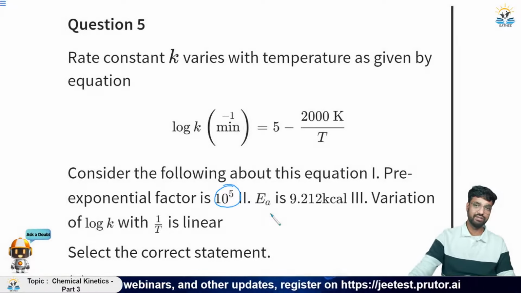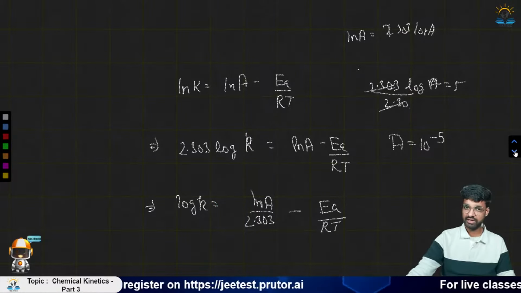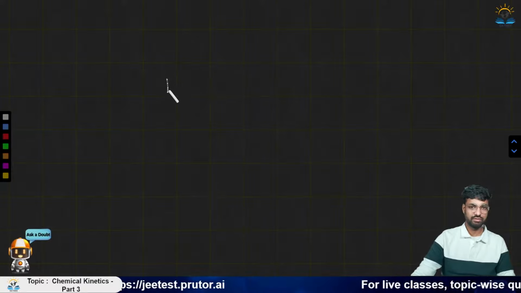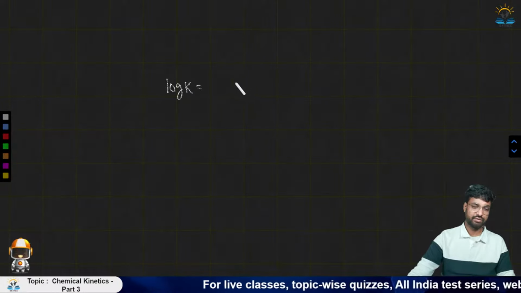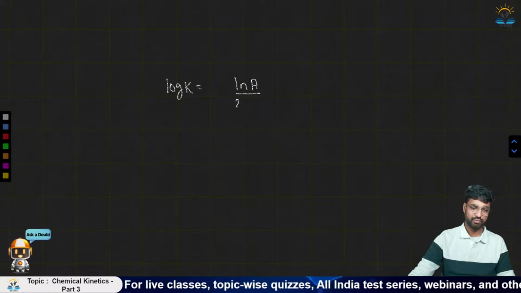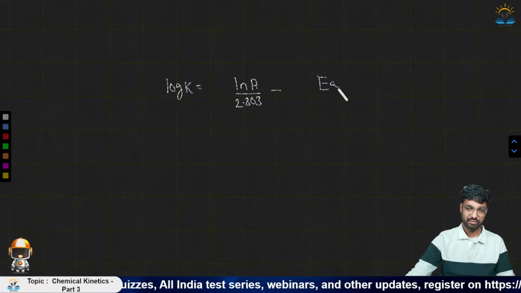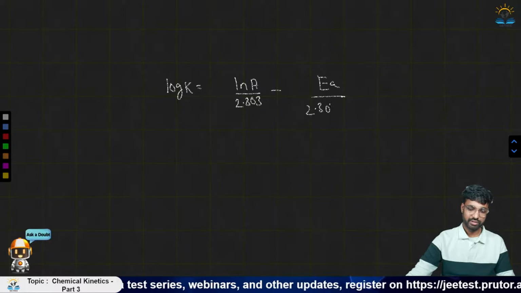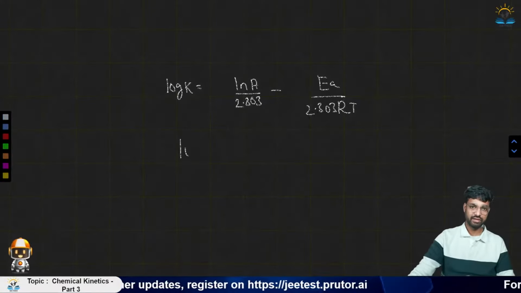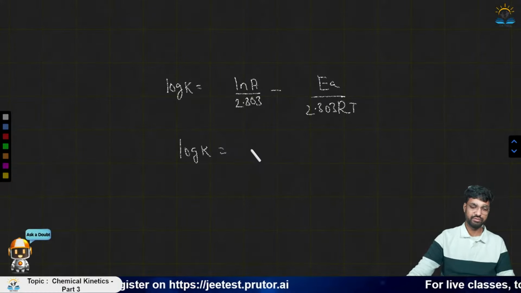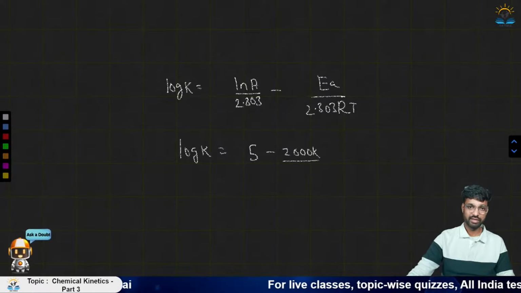Now what about EA? So let us take a different page. Okay, so it will be written as log k is equals to ln A by 2.303 minus EA by 2.303 RT. Now what is the equation we have here? It is given as log k is equals to 5 minus 2000 Kelvin by temperature.